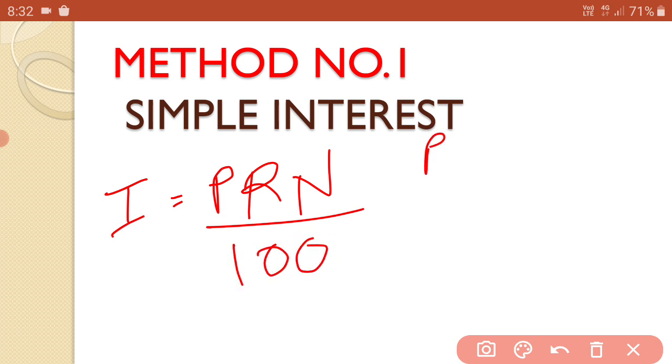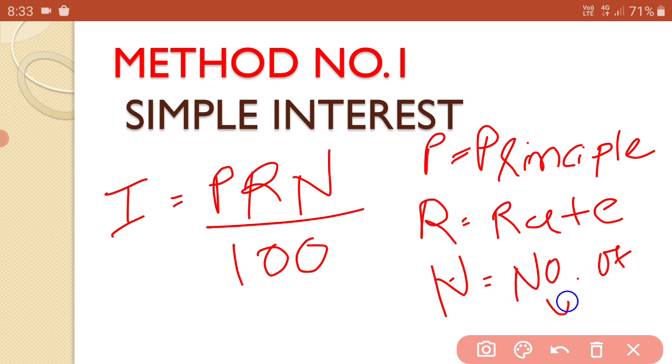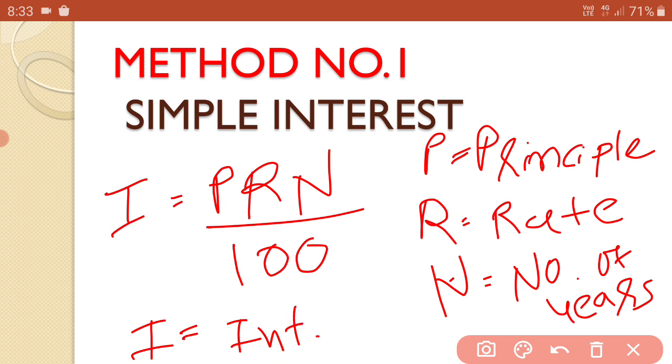Here P is principal, R is rate of interest, N is number of years, and I is interest. Note down the points and formula.